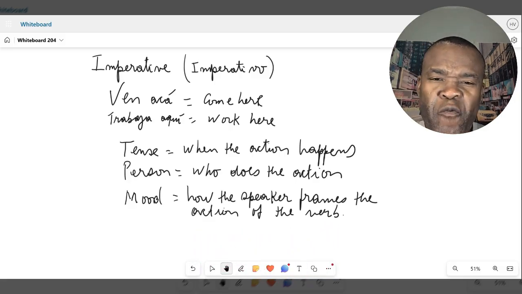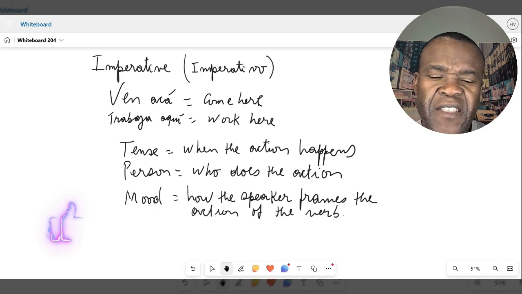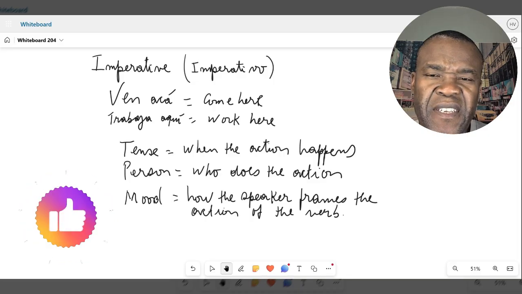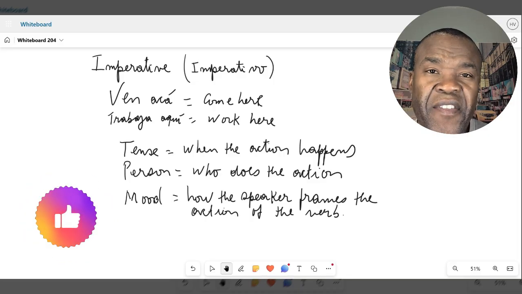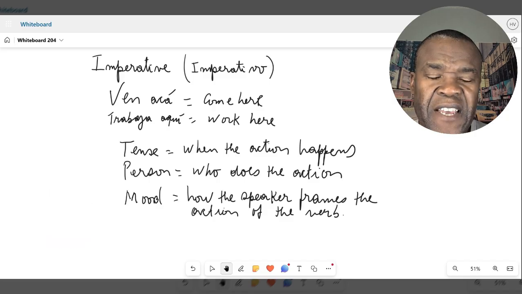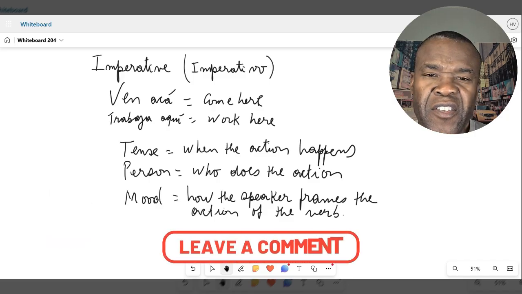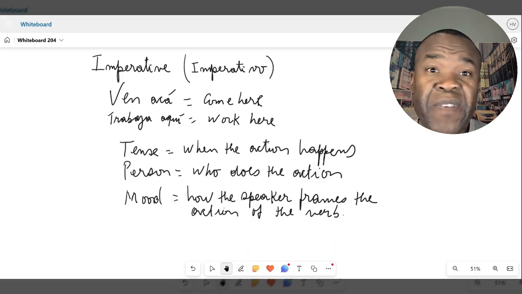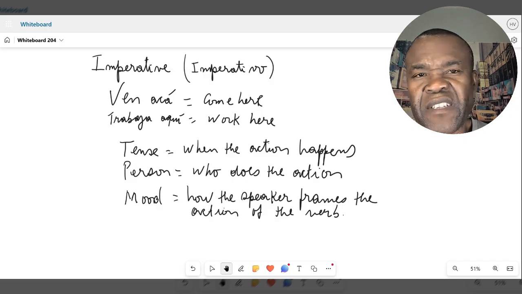But what I want you to understand is, in Spanish, the verbs carry more weight than in English. So much so, there are times in Spanish, if you use the wrong mood, you change the meaning of the sentence, or you collapse the meaning of the sentence.